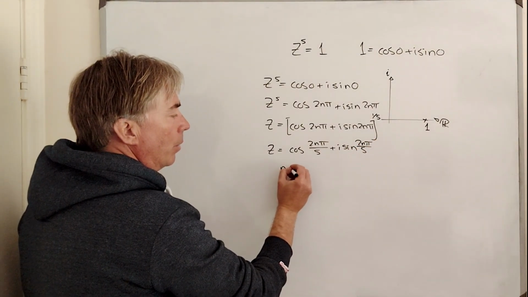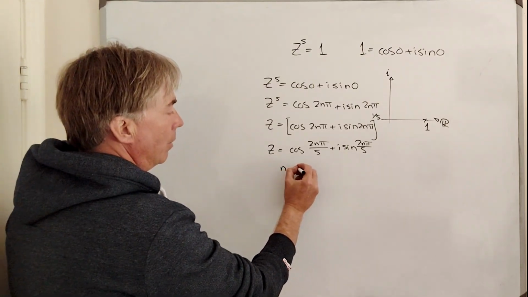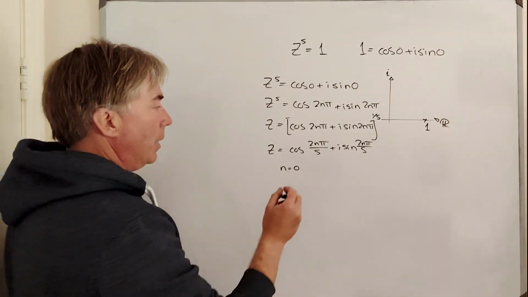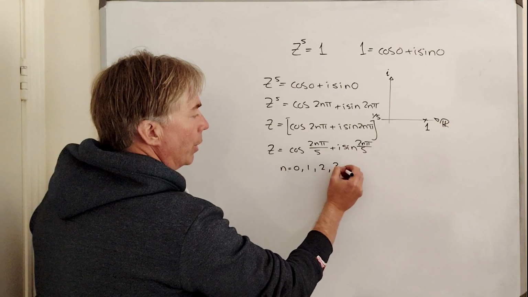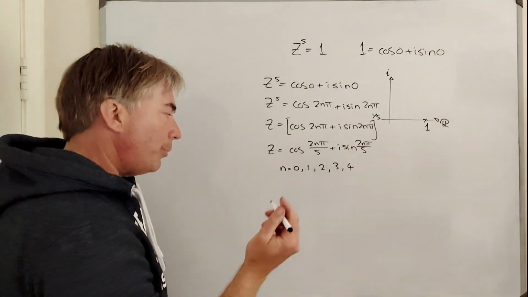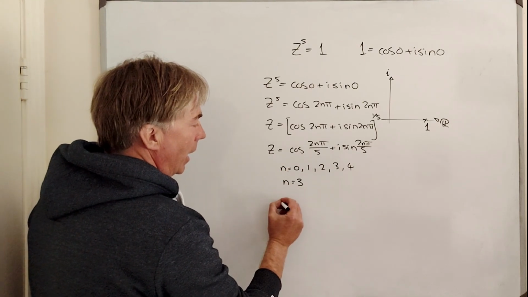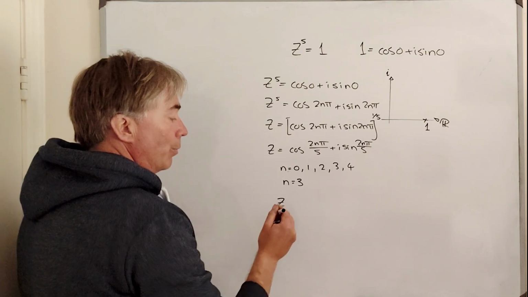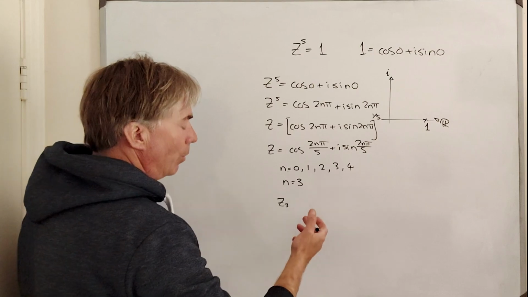So we have our 5 different values of n, starting at 0. That will give us our first root, which is in fact 1, as we'd expect. And then we've got n equals 1, 2, 3, and 4. I'm not going to labour this and go through all of these. I'm just going to arbitrarily choose n equals 3, and that will give me my fourth root. So I'm going to call that z3, which is basically z0, z1, z2.